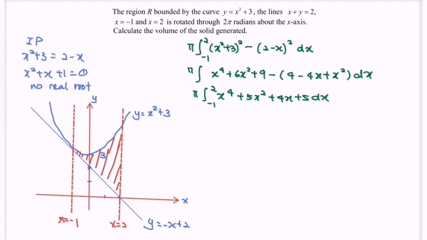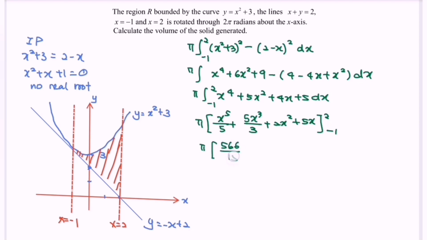Next is to integrate the situation. So x to the power 5 over 5 plus 5x to the power 3 over 3 plus 2x squared plus 5x. So we have 2 and negative 1. So if we sum up, pi bracket, we have 566 over 15. If we sum up the negative 1, we will have negative 73 over 15.